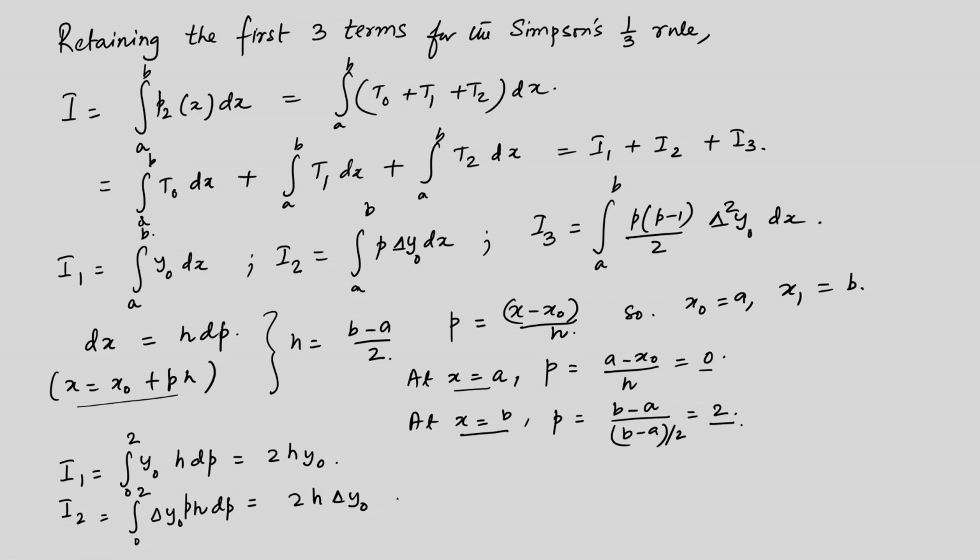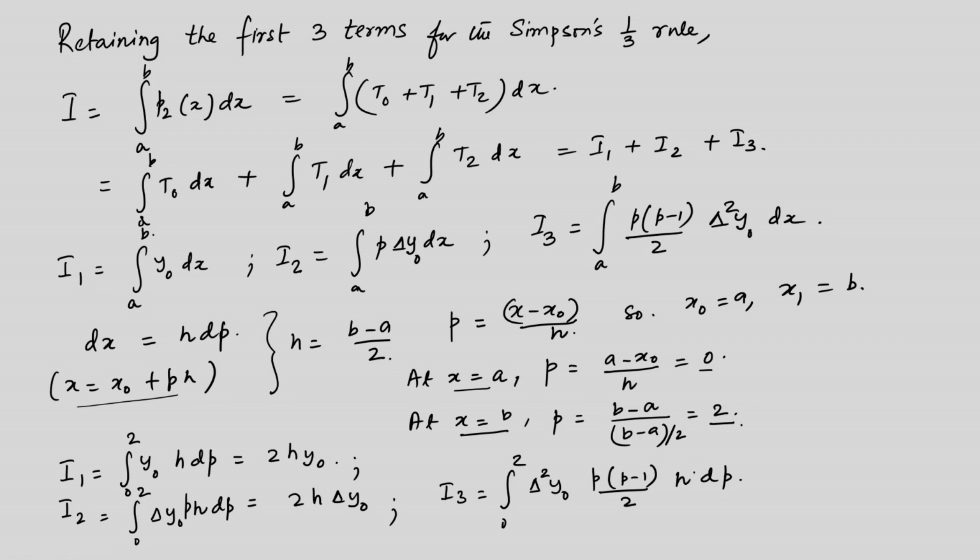And I 3 is equal to the integral from 0 to 2 of delta square y 0, times p into p minus 1 by 2, and then there is an h and a dp. Okay. If you do this integral, because now it is over p, you get a p square minus p by 2, and then you have a term which is p cube and all that.